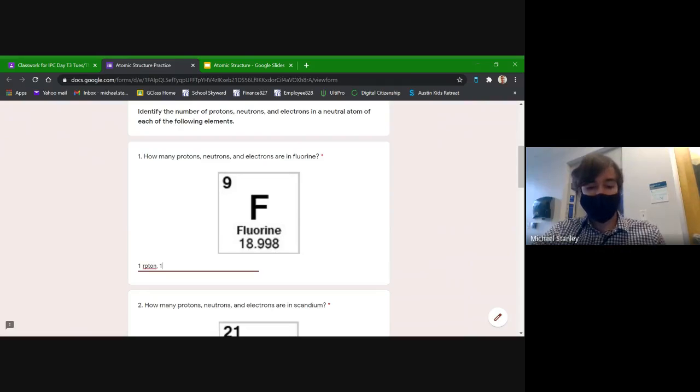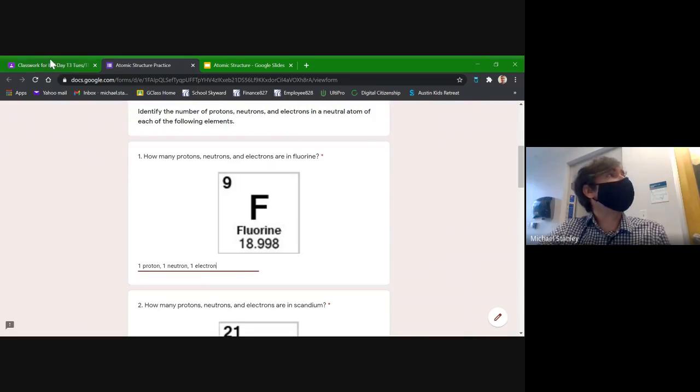1 proton, 1 neutron, 1. And hopefully I can spell proton right. So make sure that for each answer for these, you have all 3 different types of particle.